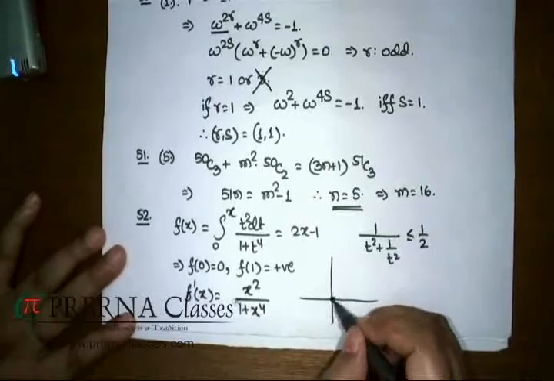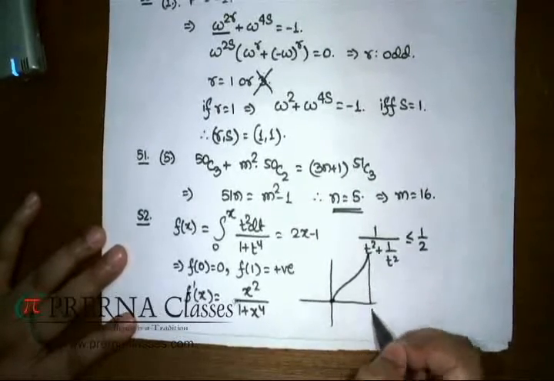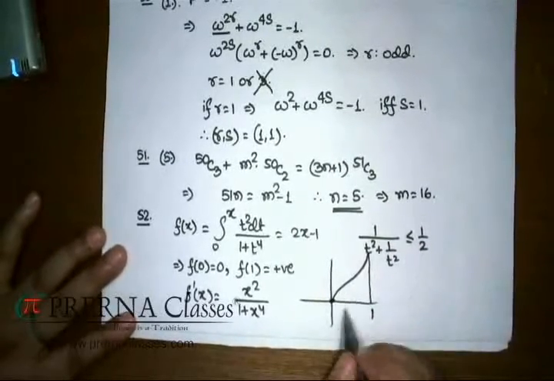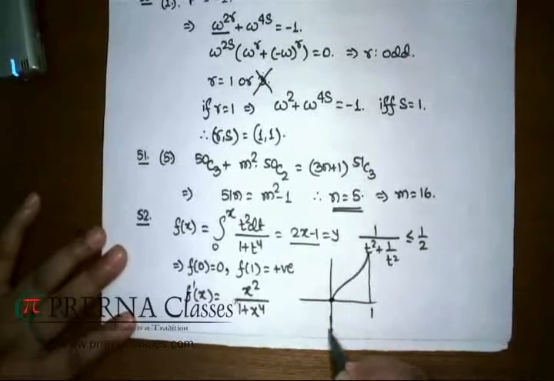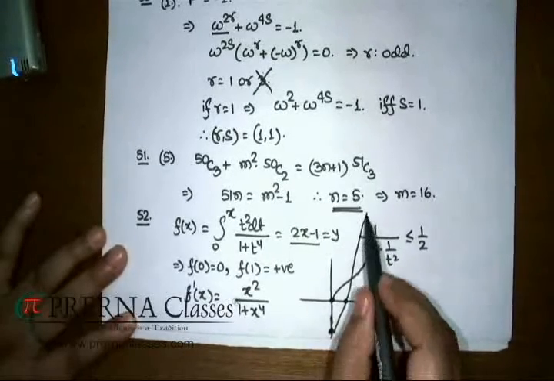If that function is strictly increasing, the graph is going to be like this, and till 1 this is going to reach around half, and you have to draw this particular line which is starting from a lower point but goes till 1 at 1.